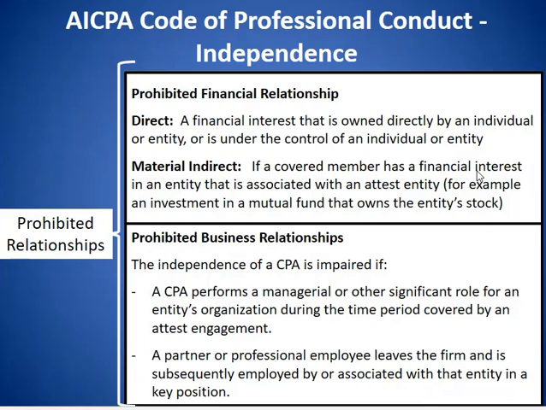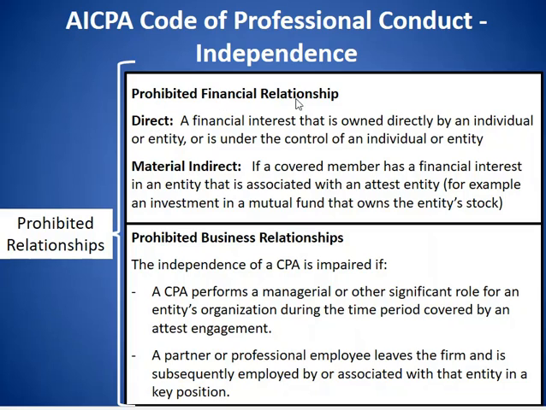Okay, now let's take a look at prohibited relationships. And again, these double back on the areas where we have covered, again, with covered partners or covered members. A prohibited financial relationship, and we've talked about this in the individual rules, but we're going to define it here.